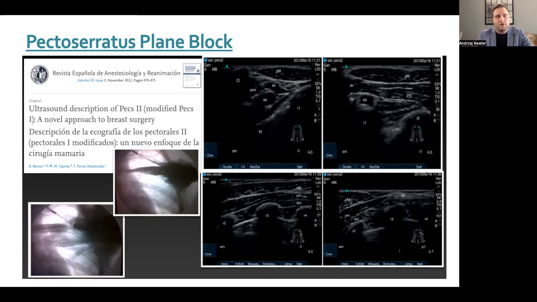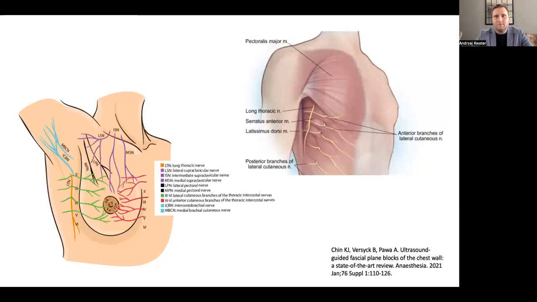But now we're referring to the single injection in that fascial plane under pec minor and above the serratus anterior muscle as just the pectoserratus plane block. So here are some diagrams clarifying the benefit of this initial injection into this pectoserratus plane.